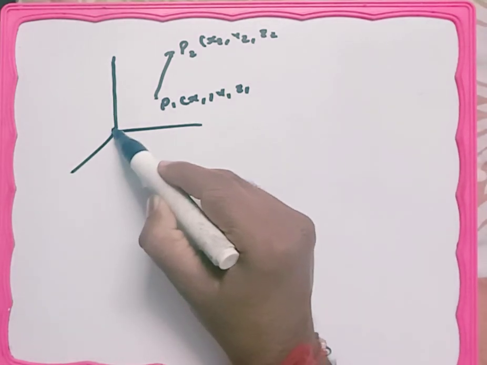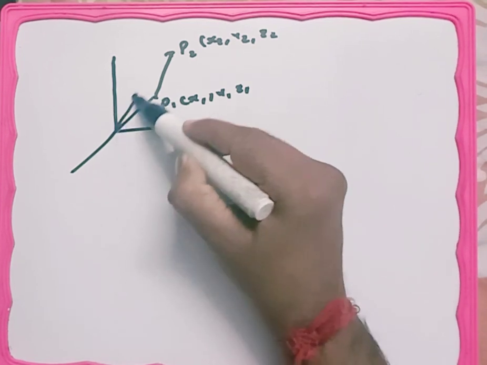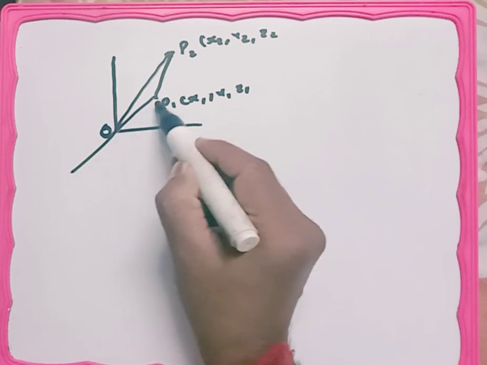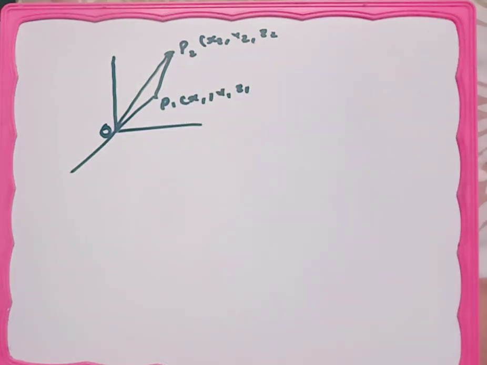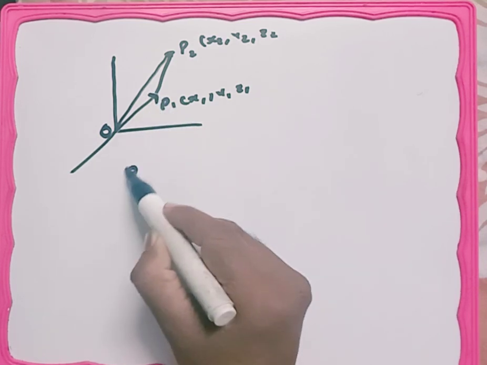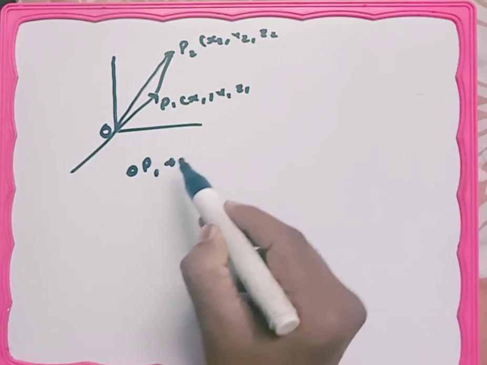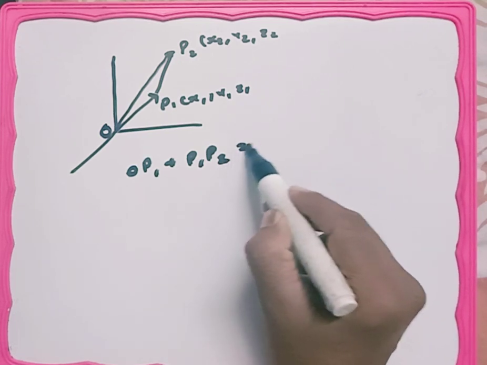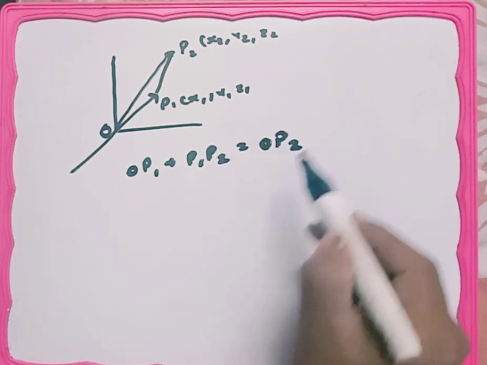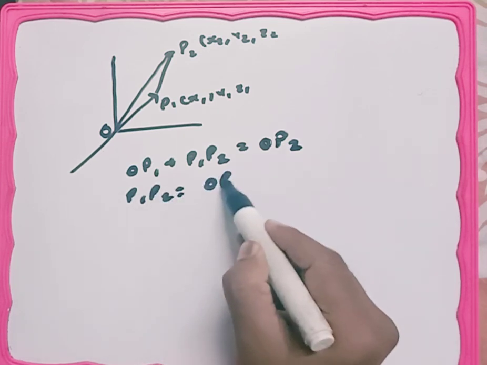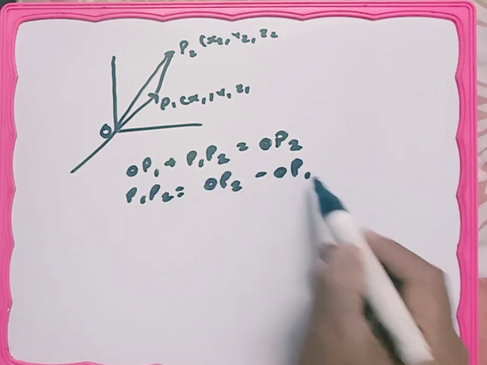With the origin we join P1 and P2, and we get the triangle OP1P2. We apply the triangle rule: vector OP1 plus vector P1P2 equals OP2, and so P1P2 equals OP2 minus OP1.